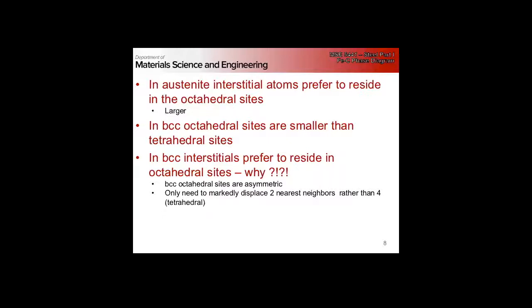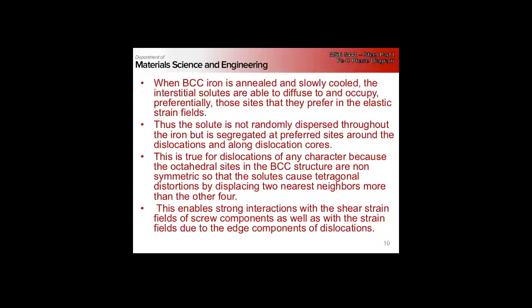Even the tetrahedral sites, which are larger, are still smaller than the carbon atoms. So energetically, it's easier to push two atoms out of the way to squeeze yourself in than to squeeze four out of the way, even though the volume itself is a little bit bigger.